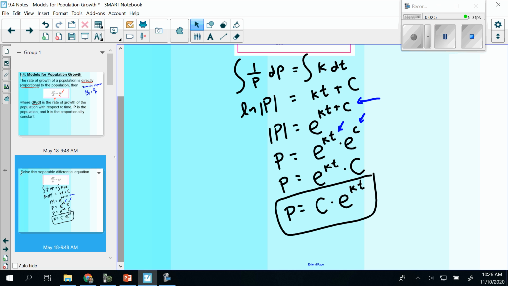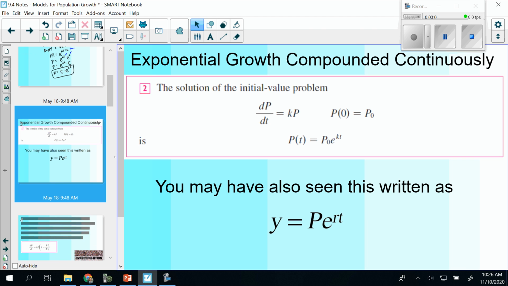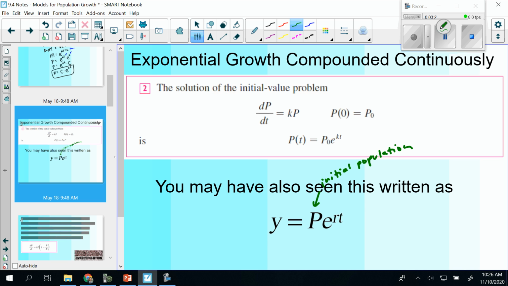You've seen this before, probably written a little differently. This is just like that PERT equation that you've seen in previous classes. It's just that we're using different variables. So on the last slide we had C here. We can use P instead. That would be P of 0, or our initial population. T of course is time.